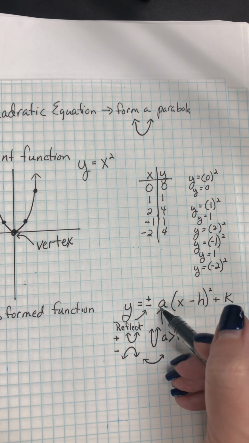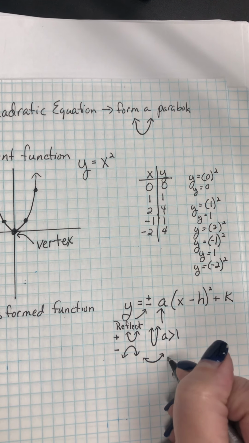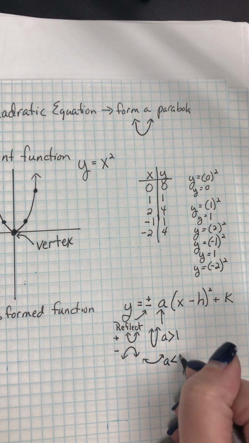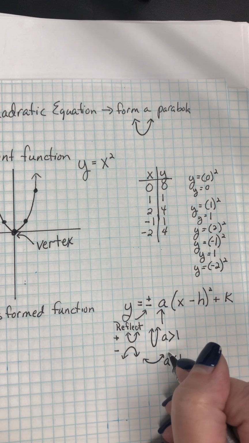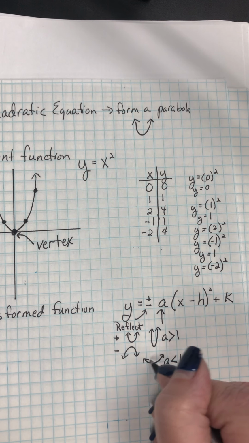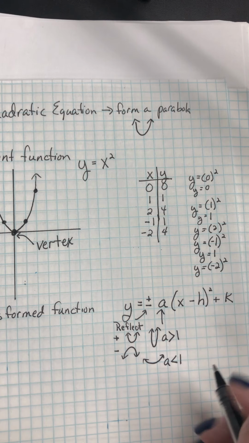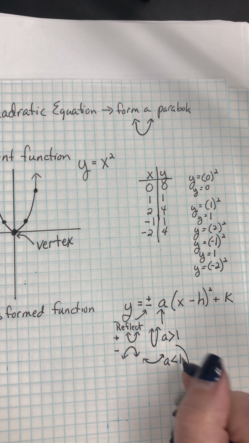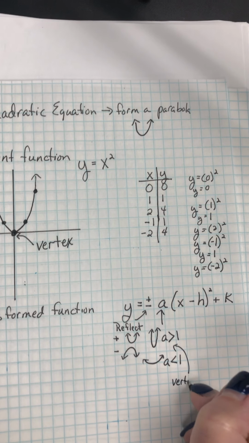It will get big more quickly. But if you have a fraction, if you have a number less than 1, like 1/2, then it's going to slow down how fast it gets large. So it ends up making it wider. This sometimes is referred to as a vertical stretch.